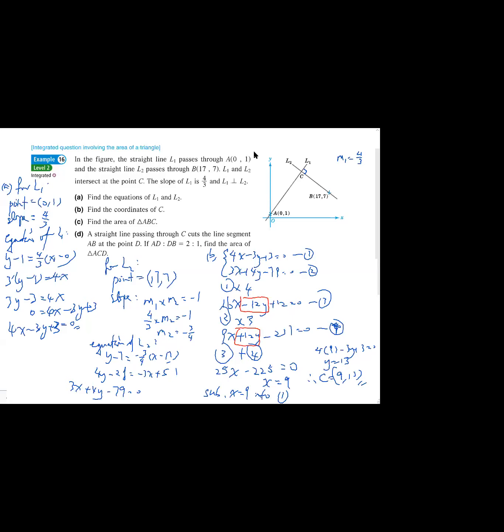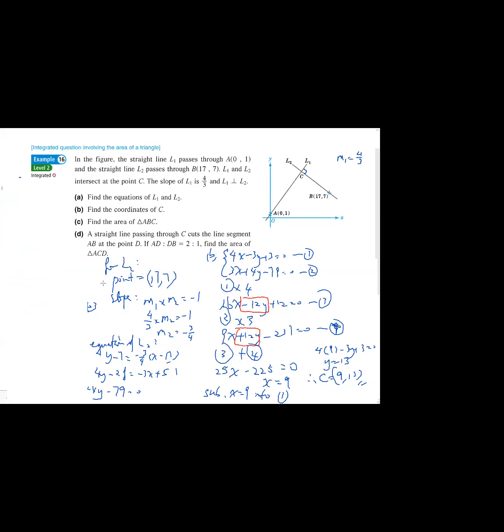Part B is finding coordinates of intersection point, and then part C is more advanced. Find the area of triangle ABC. Up to this moment, we only know one formula to find the area of a triangle, which is base times height divided by 2. Okay, so we only know one formula to find the area of triangle. Okay, now we are going to find the area of triangle ABC, which is this red triangle.